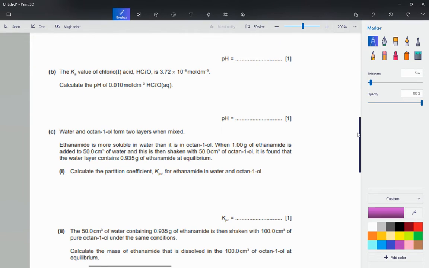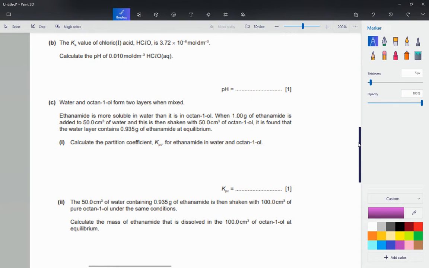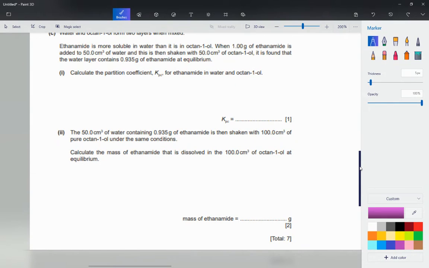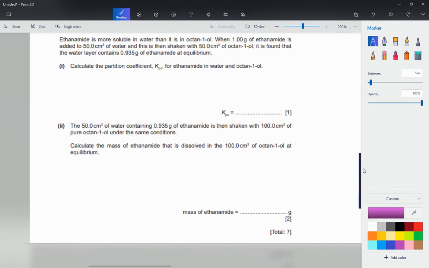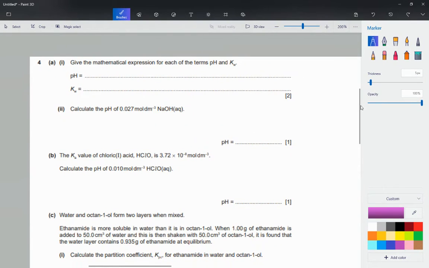It's pretty important for you to memorize the relationships before you go into the exam as well. And then it skips forward to partition coefficient. So there's a partition coefficient question, and then you have to do a calculation as well, probably based on a separating funnel scenario. Okay, right. So we'll go into the question straight away.